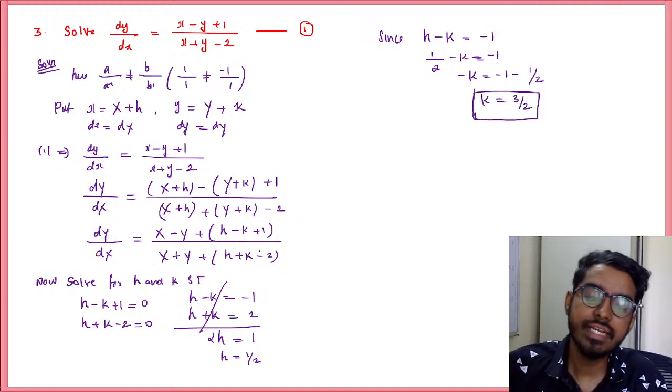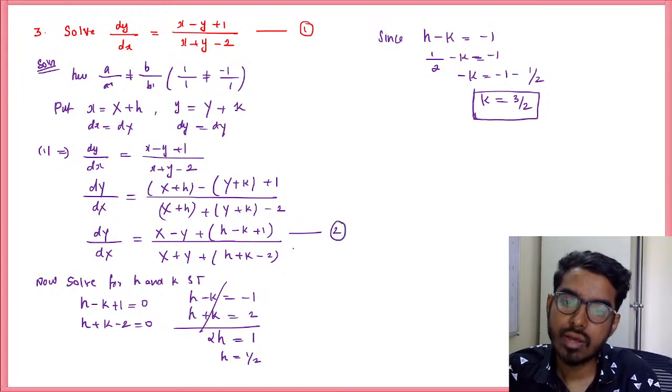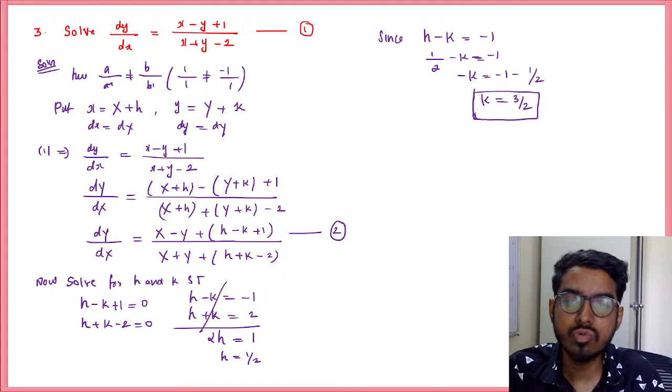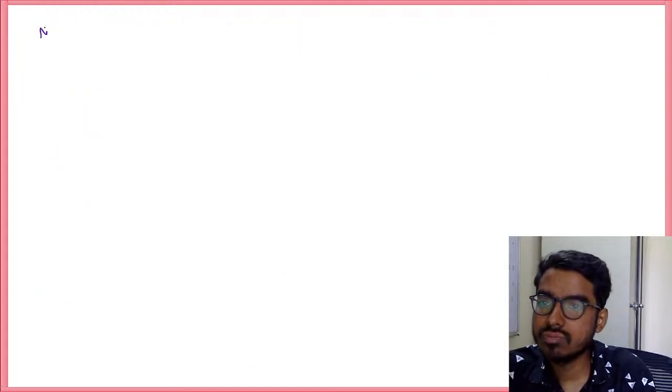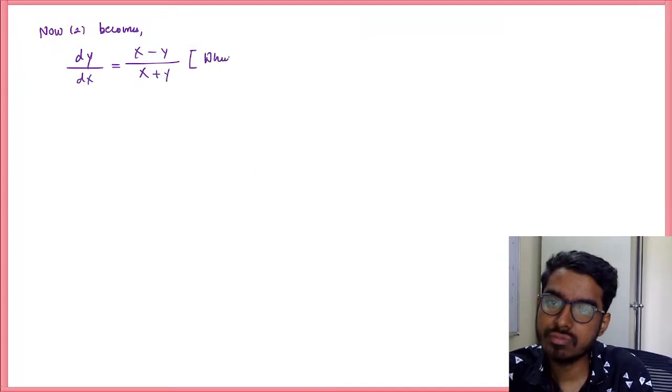So we have found h and k such that h minus k plus 1 is 0 and h plus k minus 2 is 0. Now 2 becomes dY by dX is equal to X minus Y divided by X plus Y. This is homogeneous, right?